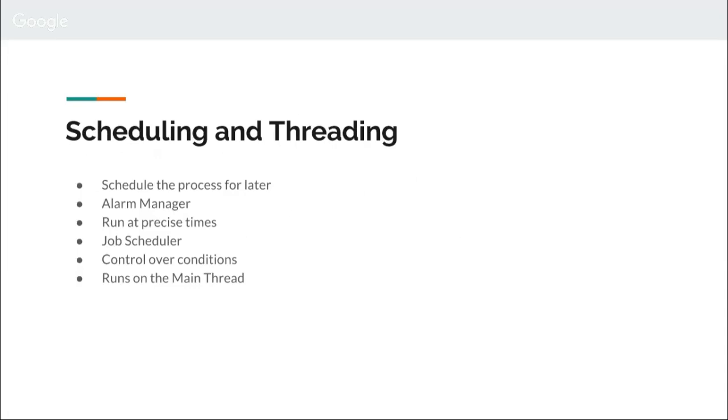JobScheduler allows us to actually define if we want to run on the main thread or not, and that's on the return parameter of the JobScheduler.